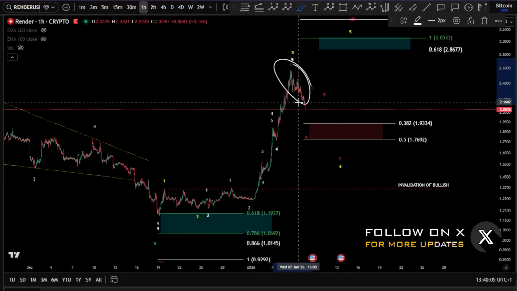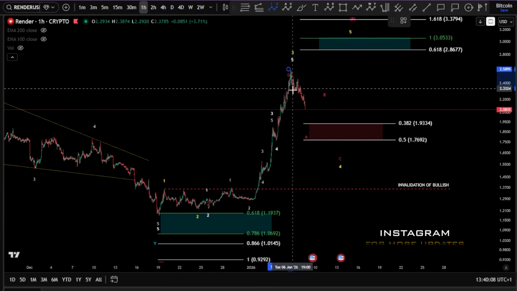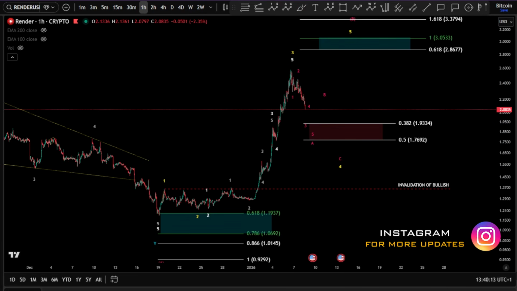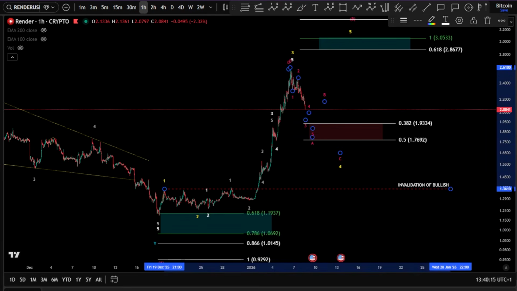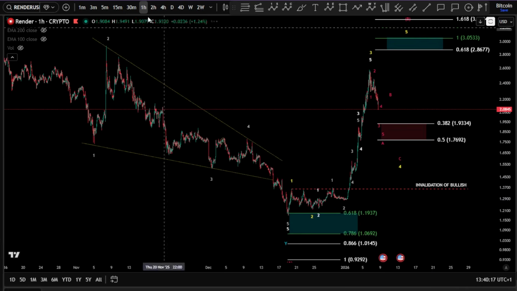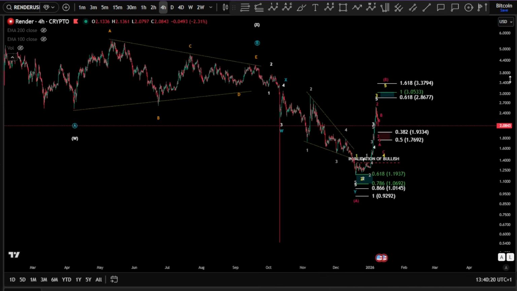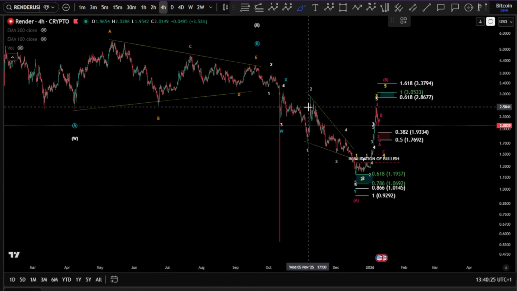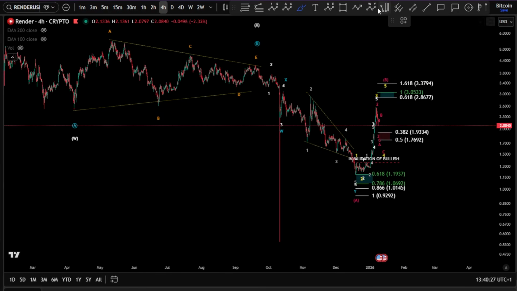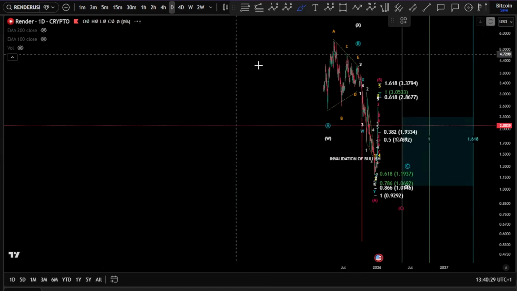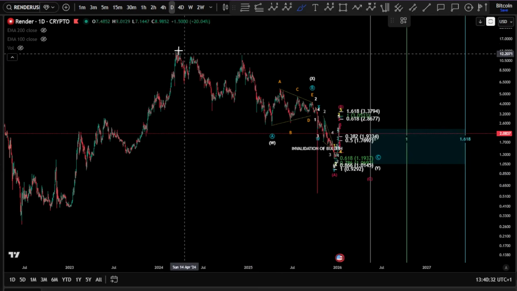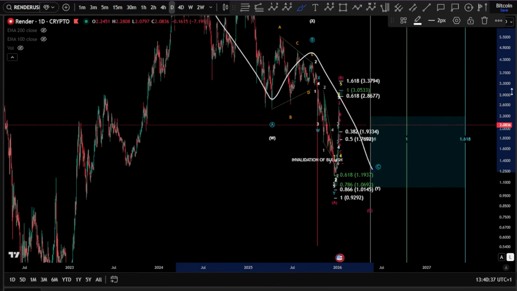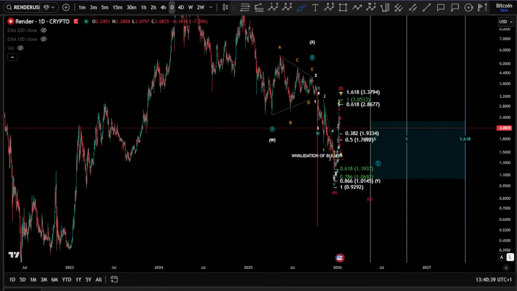That's why we have to be very careful here with the 1, 2, 3, 4 and 5 for a wave A. In this case, it might unfold something very bearish. Looking at the all-time history, or a little bit at the macro level, if we are still looking for something corrective or lower prices, I will come back to the initial correction as an A, B and C. Don't forget, as I mentioned before, that the timing is very essential here.